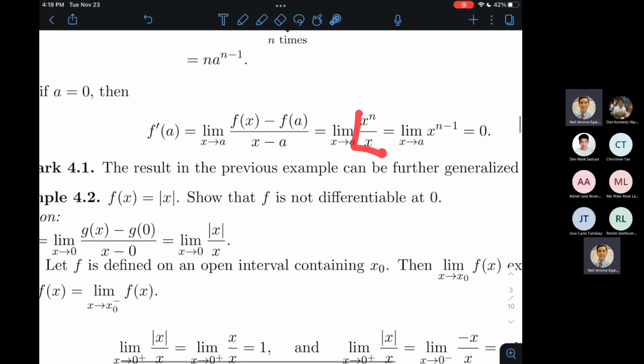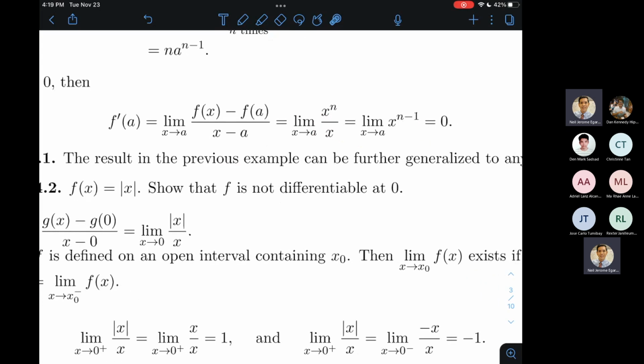And then simplifying this quotient, we'll have x to the power n minus 1 as x approaches a. And again, x to the power n minus 1 is a polynomial. It is continuous. The limit is just a function value. So it's going to be a raised to the n minus 1. But a is equal to 0, so we'll get 0 over here. Okay?